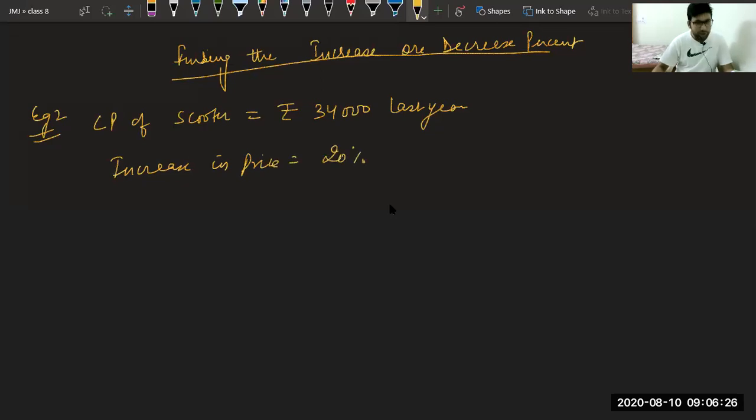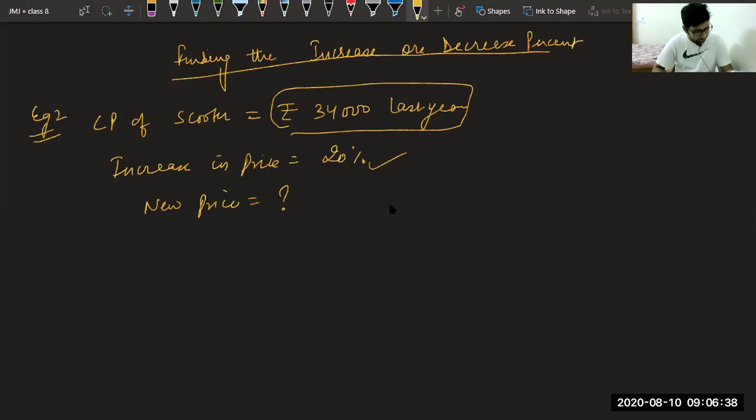Now find the new price. All of you please try. How will you find it if you are given the last year price and they are saying there is an increase of 20%? How shall we find this increase? We have to find the new price. Please tell me the answer.